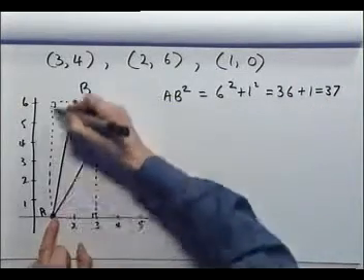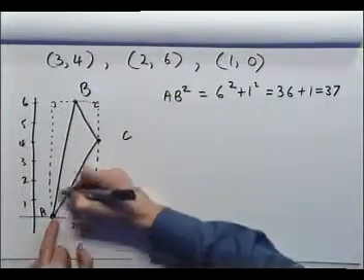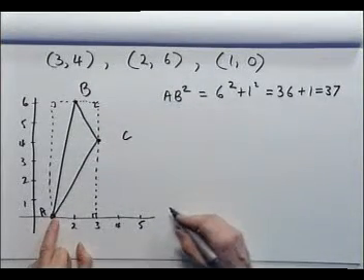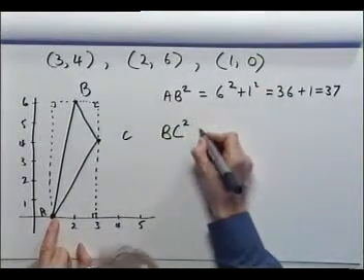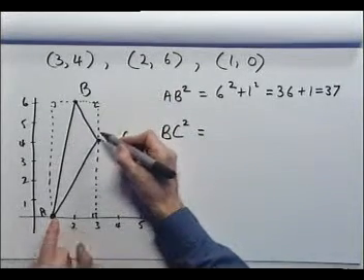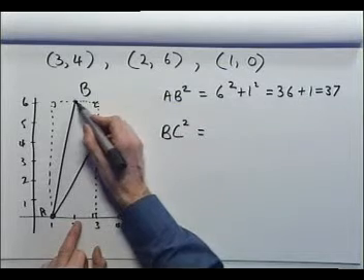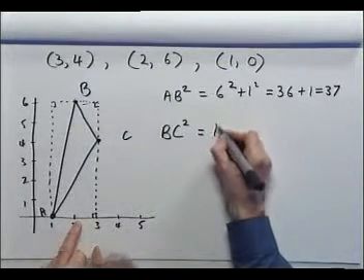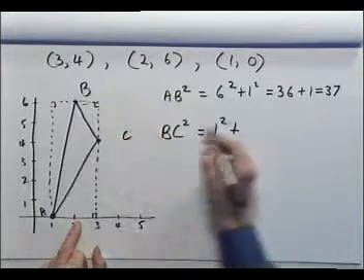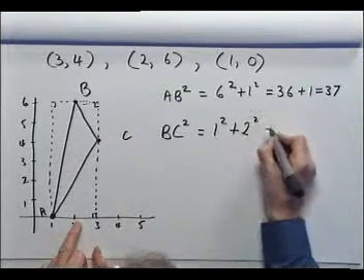And so I've used Pythagoras in this right-angled triangle to find out what AB is, or at least to find out what AB squared is. Let me do that again here, this time for the side BC. BC squared is, and I'm going to use this right-angled triangle here. And again, I can see that this length here is 1, so that's 1 squared, plus the square of this length, so that's 2 squared.